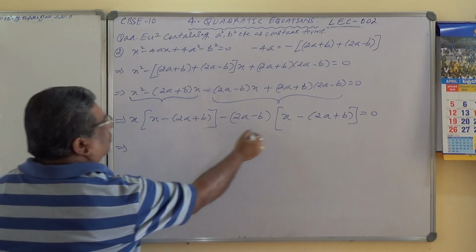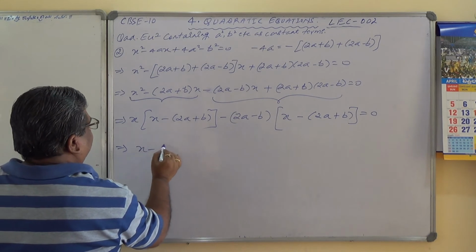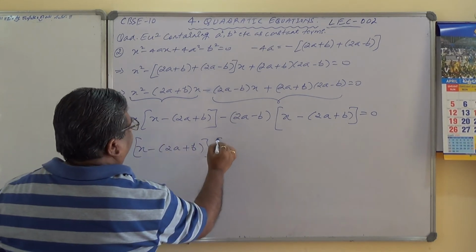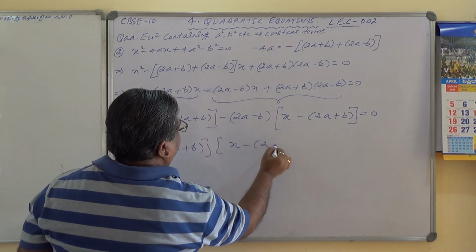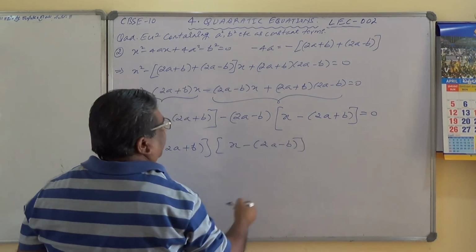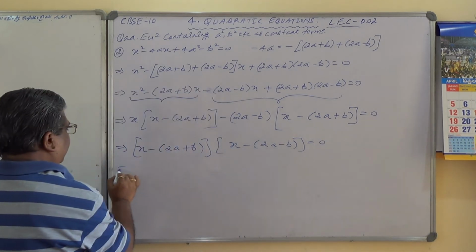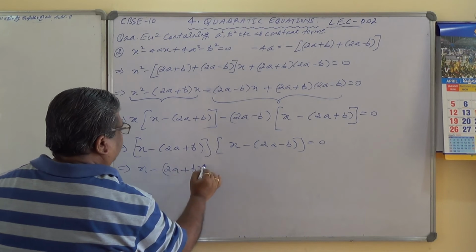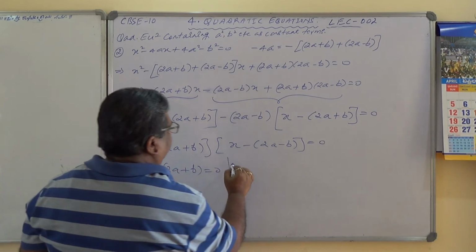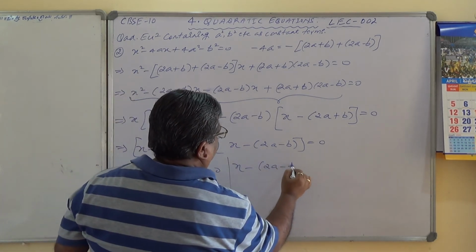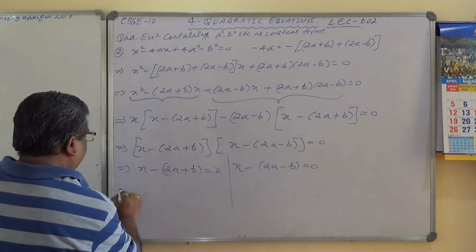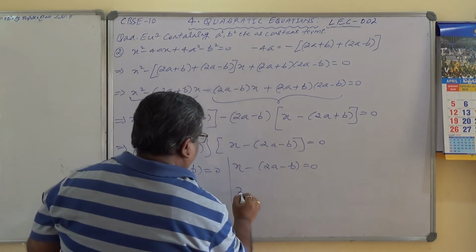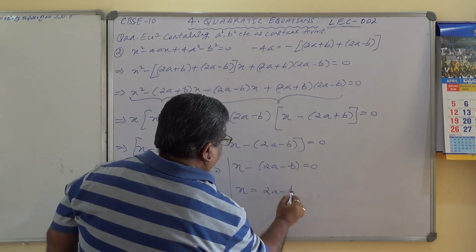Implies out of these two terms what is common? X minus 2a plus b is common into bracket x minus 2a minus b equals 0. Implies x minus 2a plus b equals 0, implies x equals 2a plus b, x equals 2a minus b.